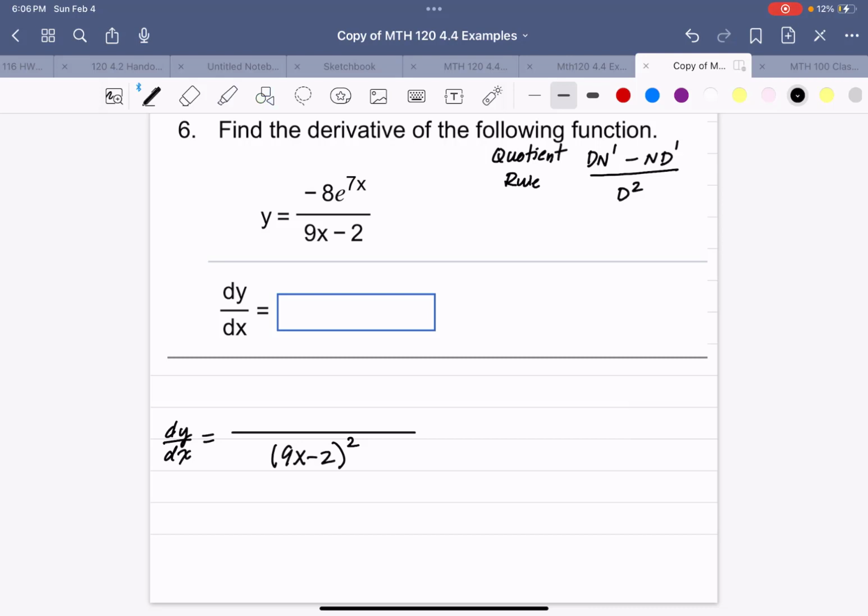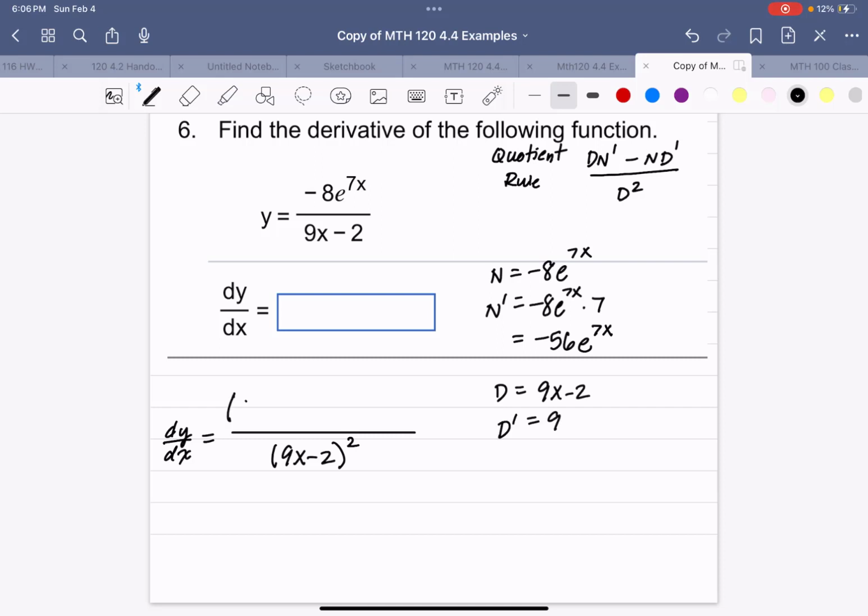Now my numerator, negative 8e to the 7x, has a derivative, negative 8e to the 7x times 7, so negative 56 e to the 7x. My denominator, 9x minus 2, has a derivative of just 9.